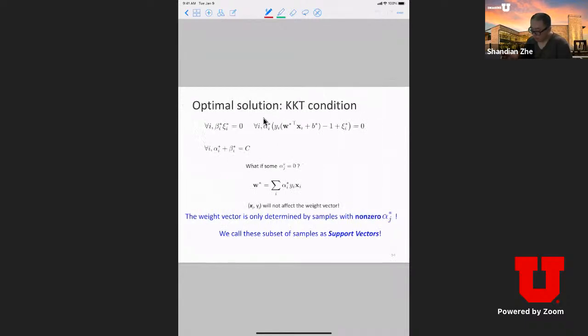This is where the support vectors come from. Why are they called support vectors? Because only support vectors determine the final weight vector for classification. Any questions so far? Is everybody comfortable?